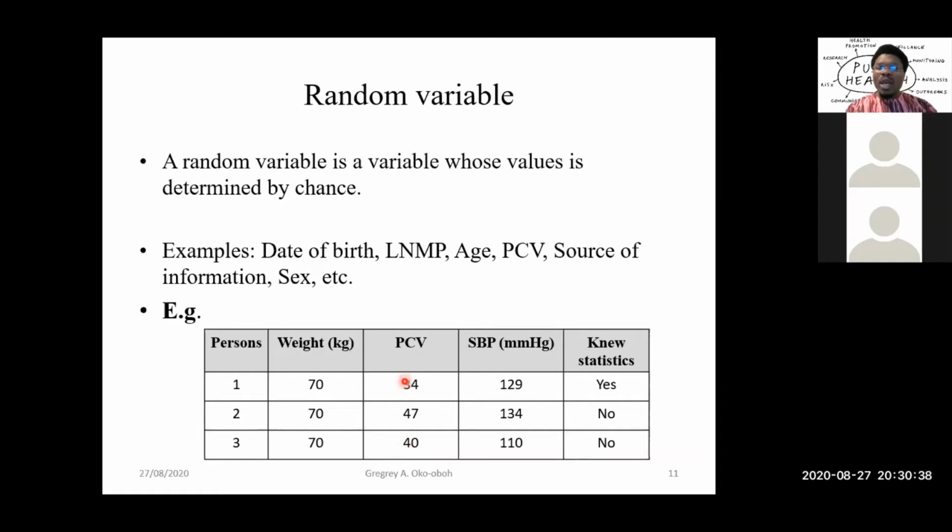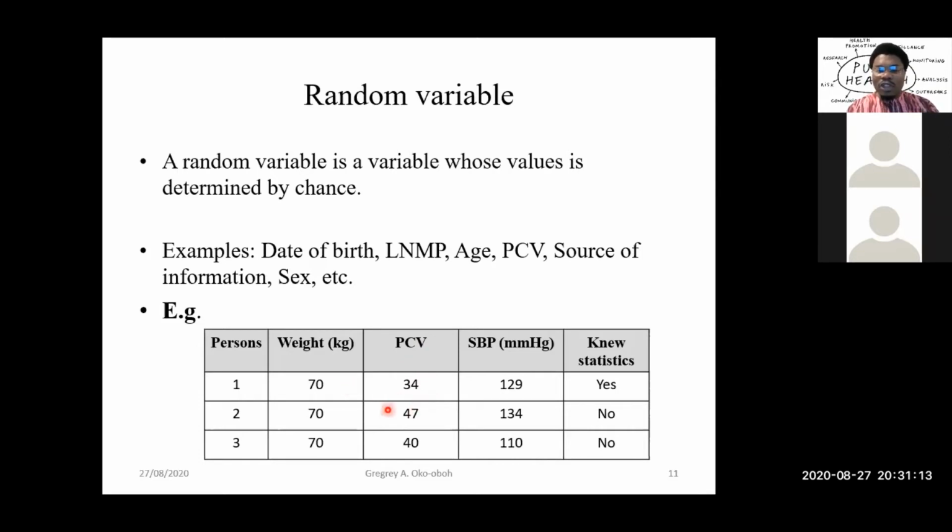In a situation where a variable is not determined by chance, that is called, in some fields, a deterministic system. In a deterministic system, everything is already determined. If you weigh 70, then you should have a given PCV, and everybody that weighs 70 should have that same PCV. But how come, despite having the same weight of 70, everybody has a PCV that has different values?